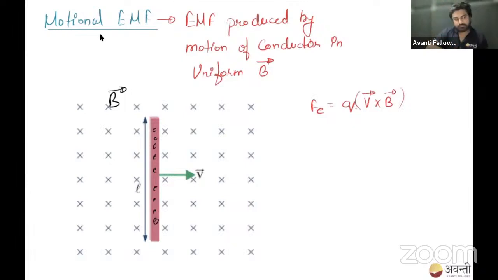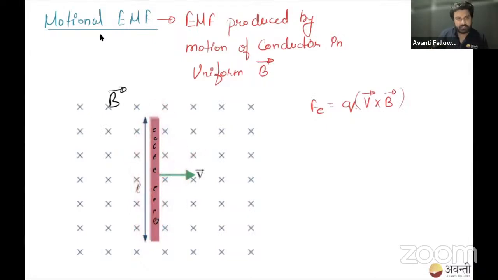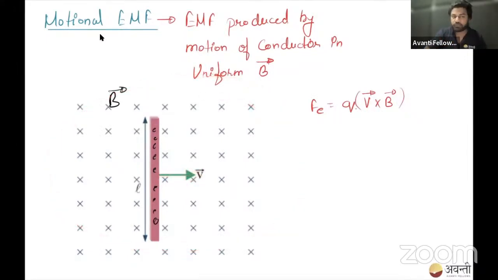Up or down? I'm repeating the question. These electrons residing inside this conductor will feel a force because they are moving with velocity v in a magnetic field. What will be the direction of force on them? Reply in the chat. Up or down?